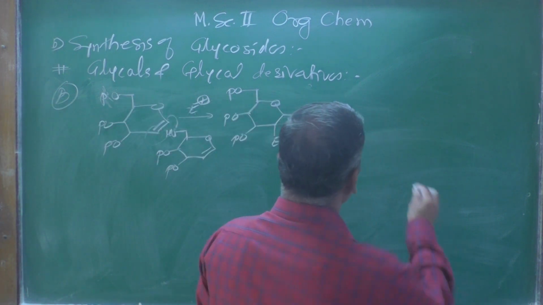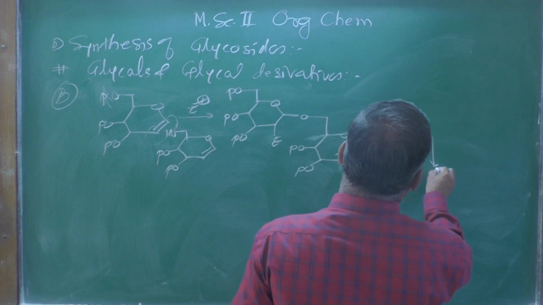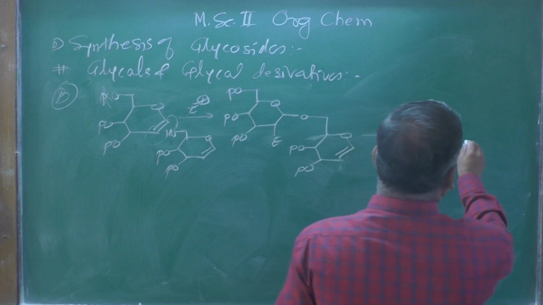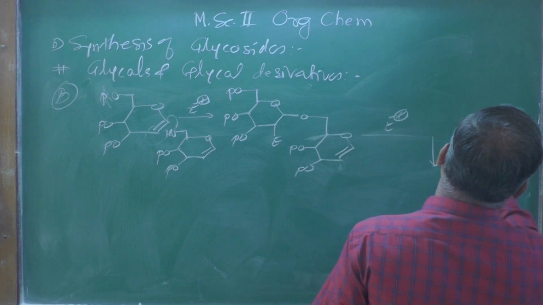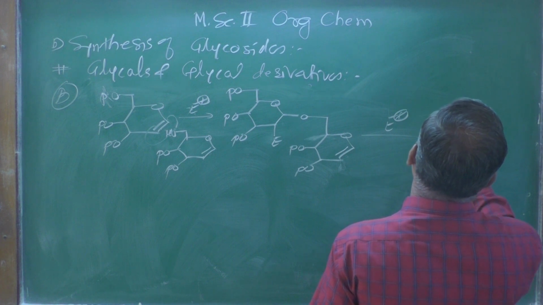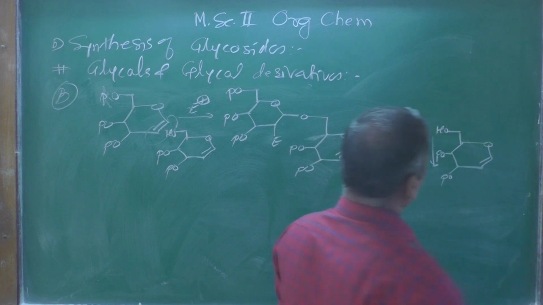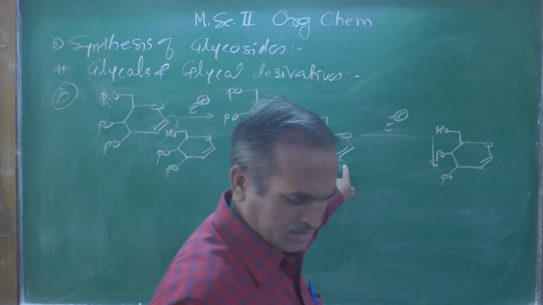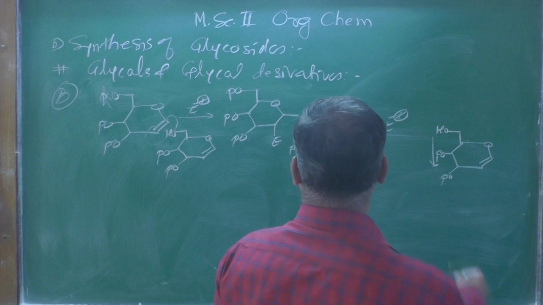And once you add the electrophile and this reagent, once again what you are going to get is a PO, here PO, then this compound's hydroxyl group, once again this type of combination you are going to get.